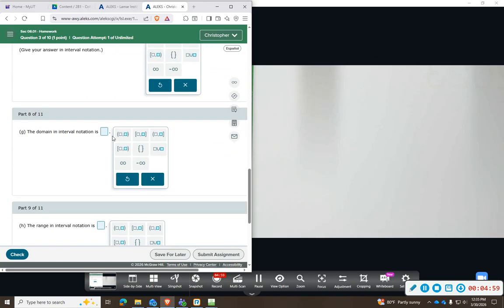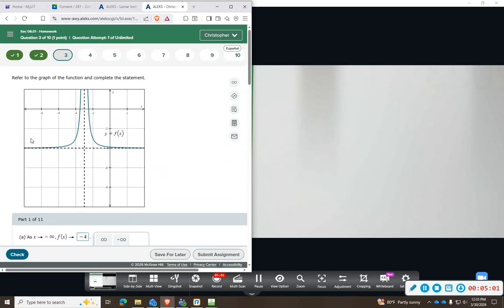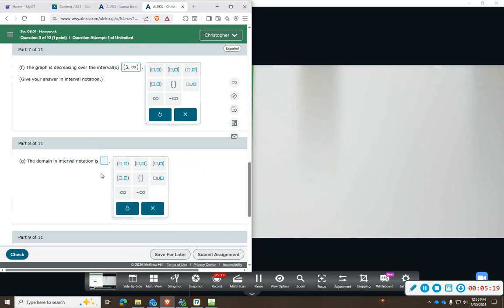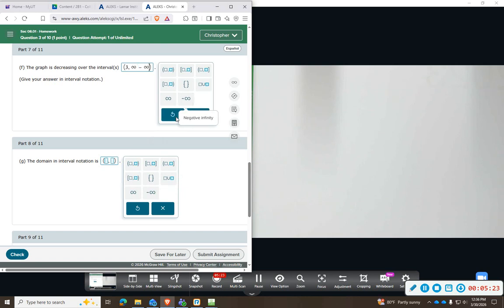Domain in interval notation. Okay, so if we look at this graph, we can see that all of this blue line is connected everywhere except for this line here at 3, and then it's picking back up on the other side of 3 and goes to infinity. So we are going to say that the domain is negative infinity.